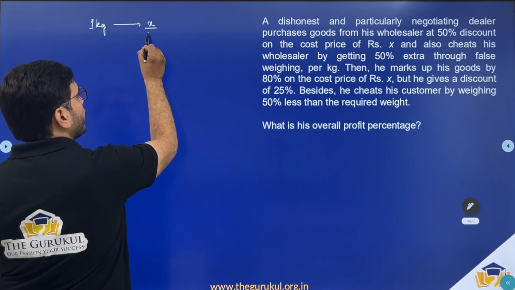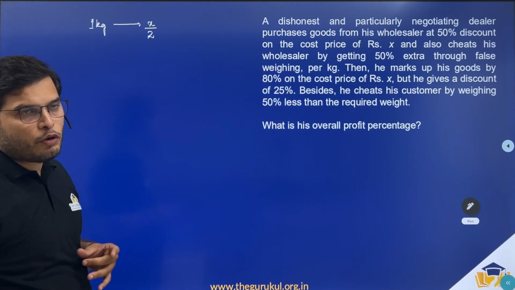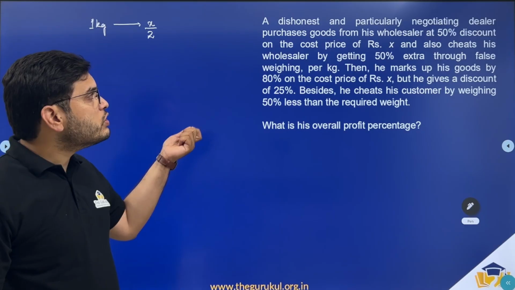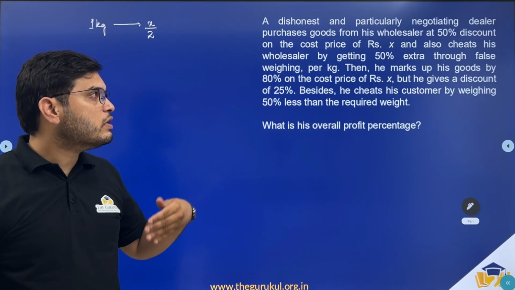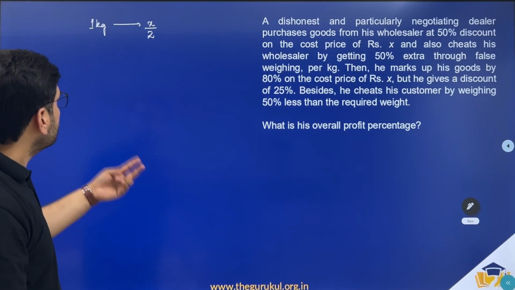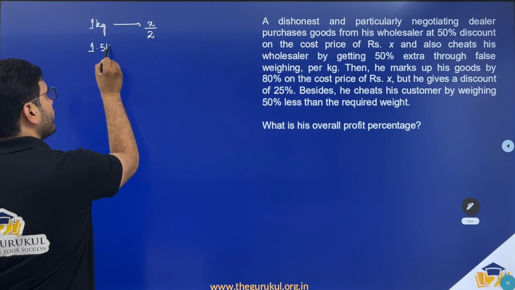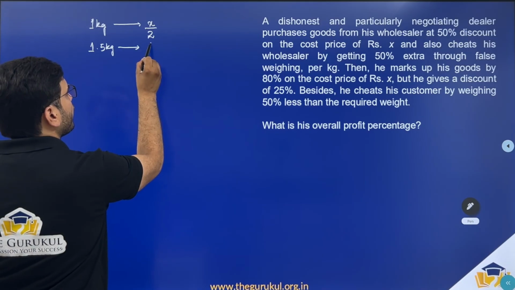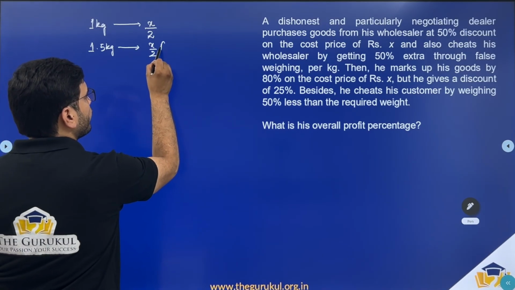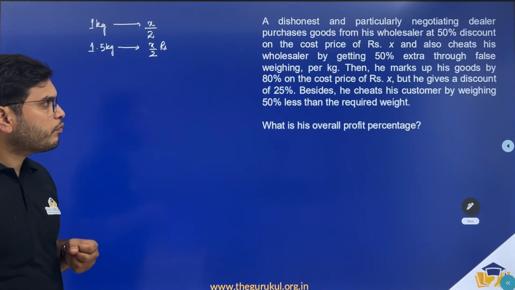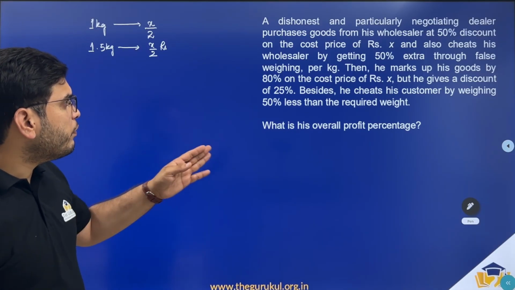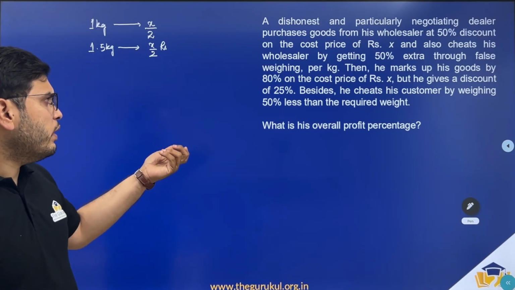So he'll be paying only X by 2 rupees. But he also cheats his wholesaler by getting 50% extra through false weighing. So he will not be purchasing 1 kg, he will be purchasing 1.5 kgs for X by 2 rupees, 50% extra through false weighing per kg.